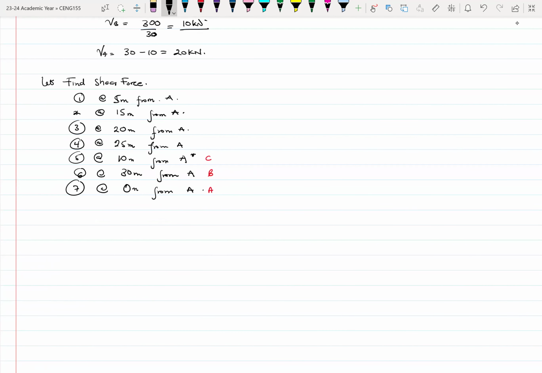So let's take our beam again. Now we found all our reactions, so we know how the beam looks. We have these reactions. HA is 0, so I can forget about that. I have a load here. This is 20, this is 10, this is 30.